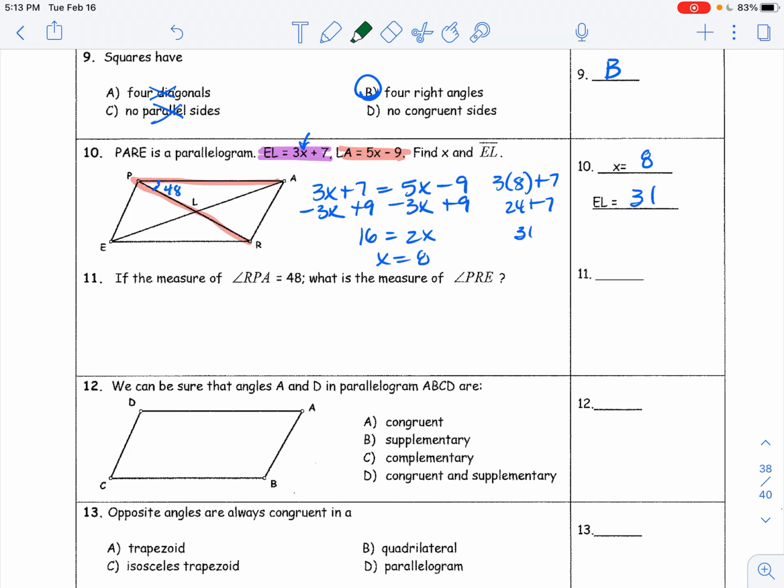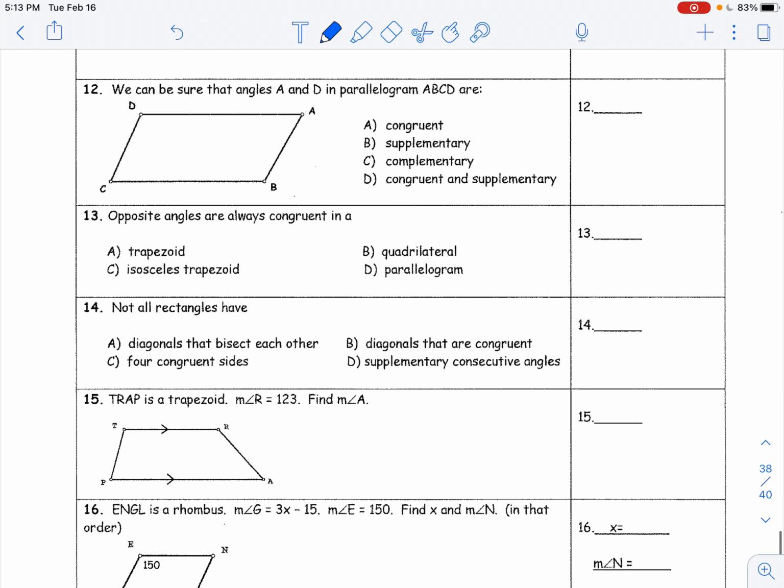So I'm trying to look for P to R to E. Well, that would also be 48 because a parallelogram, of course, has parallel sides, and this would be a transversal. And we know from our unit on lines that alternate interior angles are congruent. So that's 48 degrees.